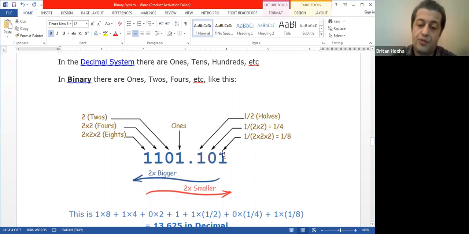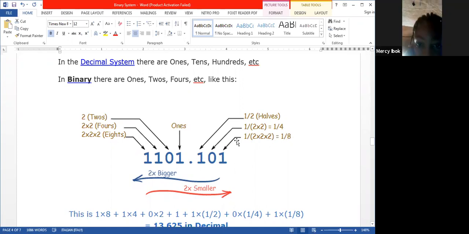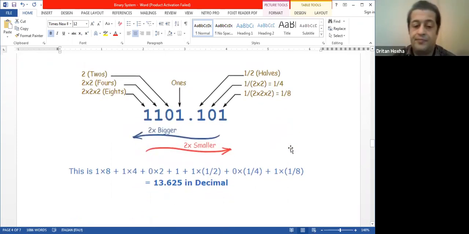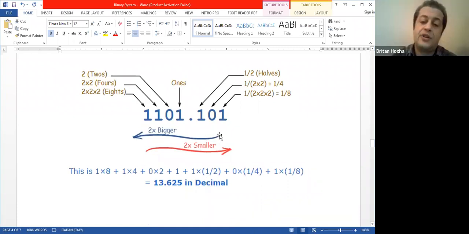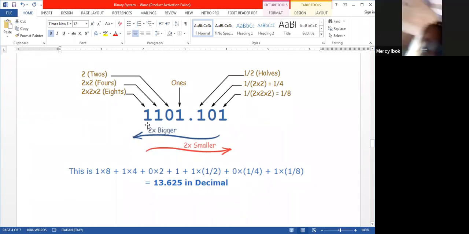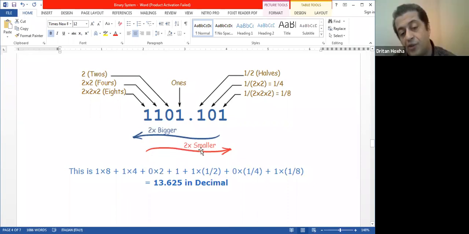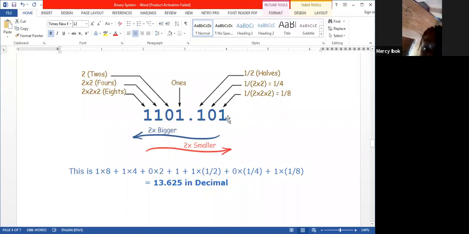The third position shows 1 over 8, and so on. So when we shift from the right to the left, the numbers become 2 times bigger. When we shift from the left to the right, the numbers become 2 times smaller. They decrease by a factor of 2.